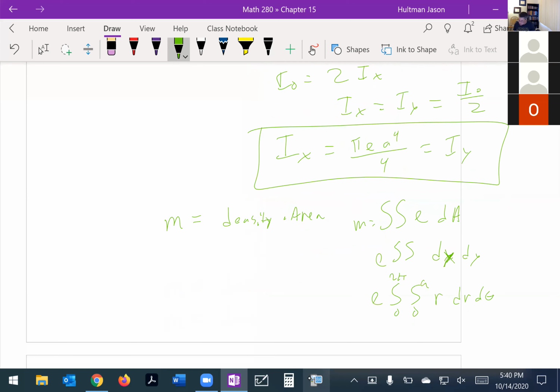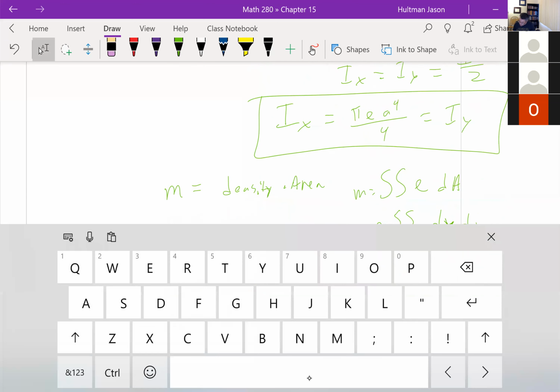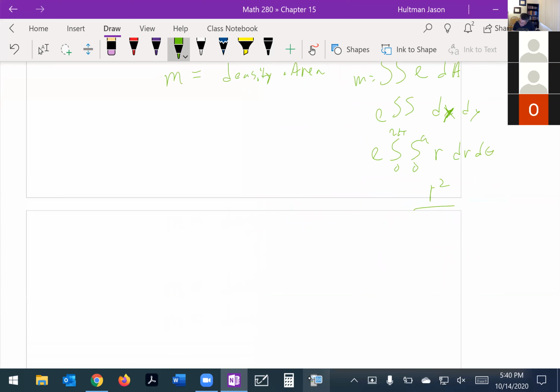Okay, nice. So this is going to become r squared over 2 evaluated from 0 to a, which is a squared over 2. Then that integrates from 0 to 2 pi d theta, so 2 pi times a squared over 2 just becomes pi a squared, which is just the area of a circle with radius a, times rho.